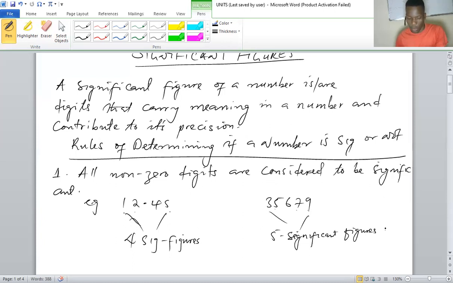So rule number 1, all non-zero digits are significant figures.